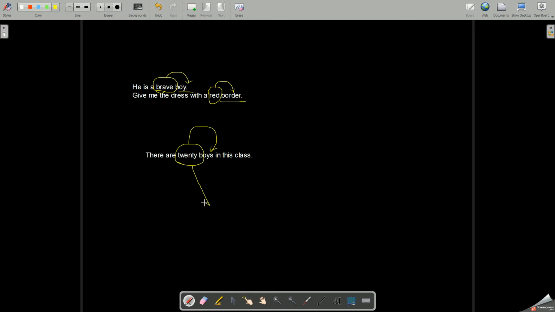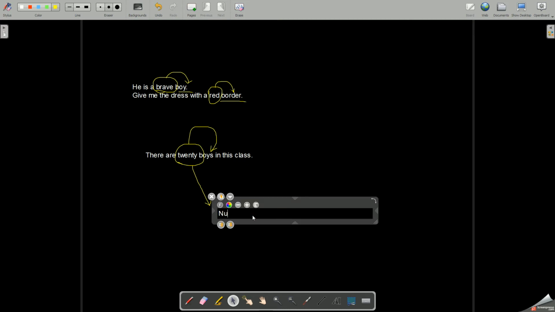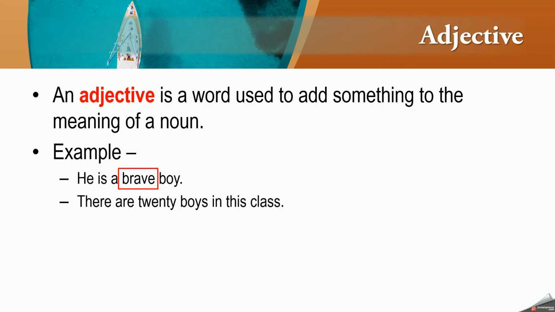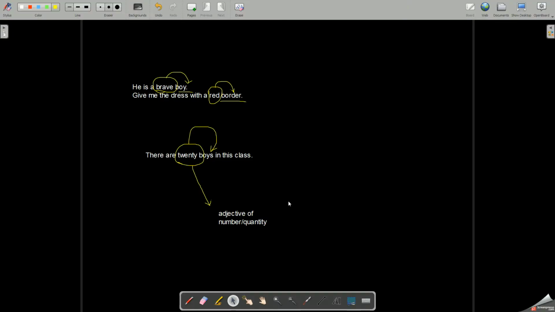Here in this case, this can be considered as an adjective of quantity or number. So this is what we saw. This is also an adjective, and mostly this is considered as a demonstrative adjective. Which class? This class. 20 what? 20 boys.